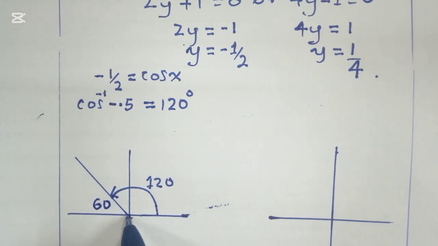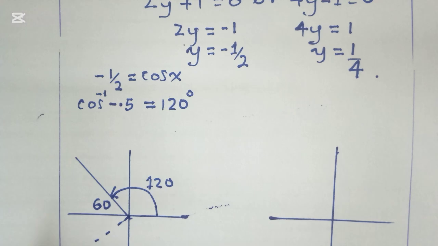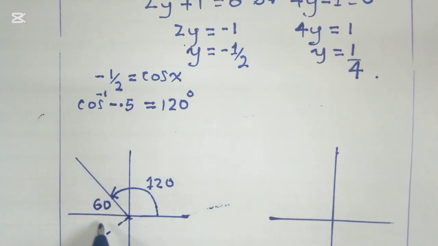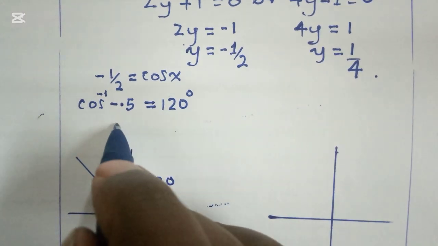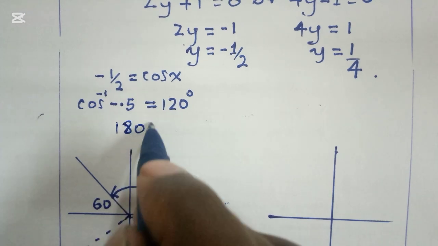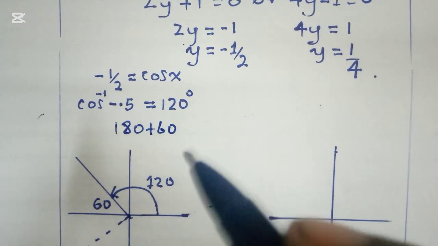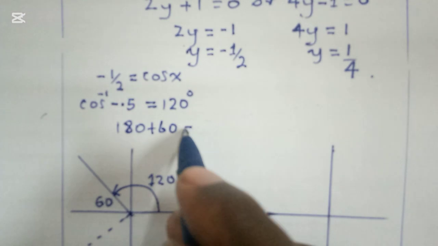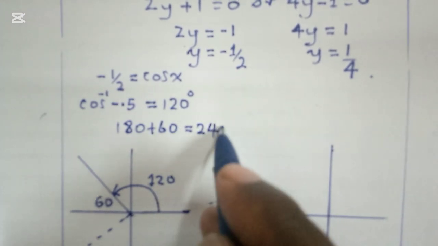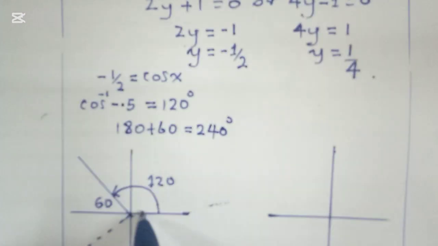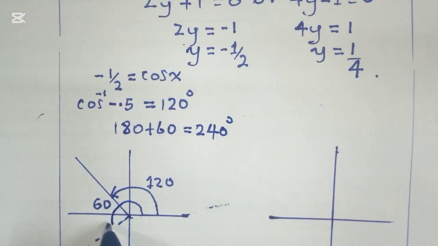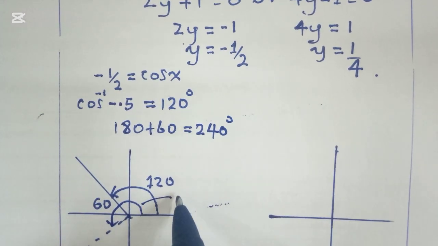If you move on this other side, you find that our cos is still negative. How do we find that? Let's add 180 plus 60. This one now gives us 240 degrees. From here we now go to 240. So this one is 240.